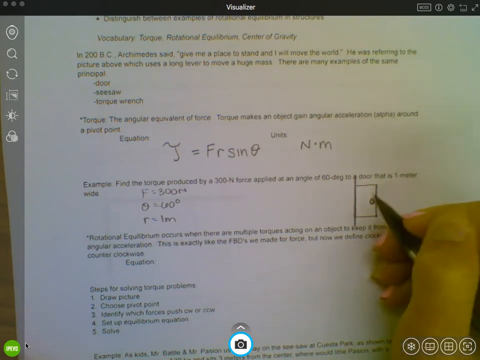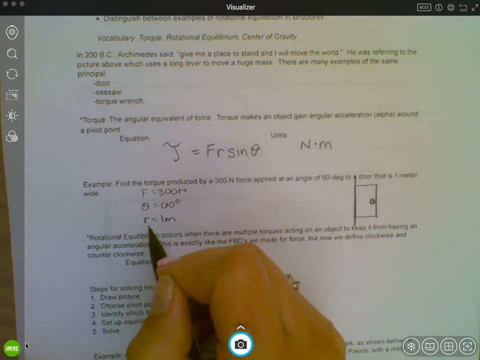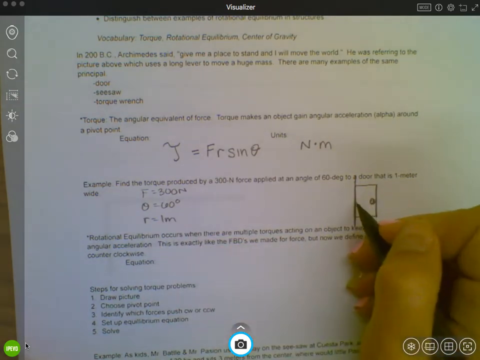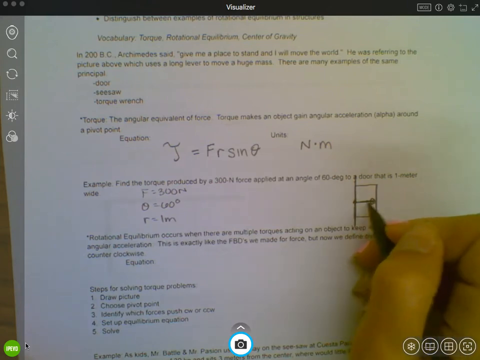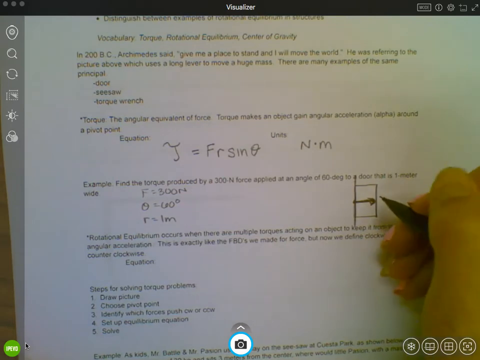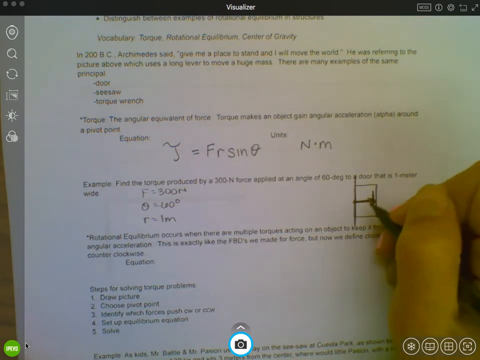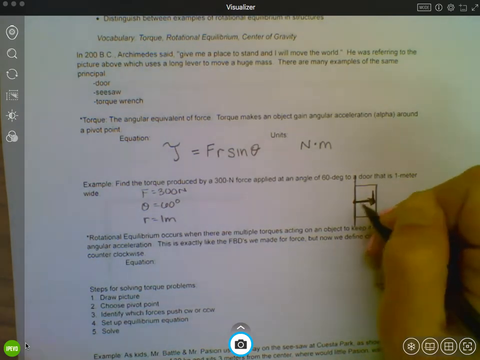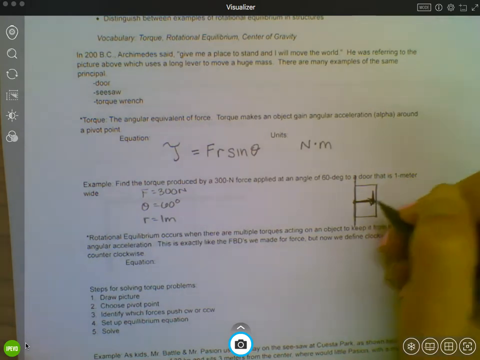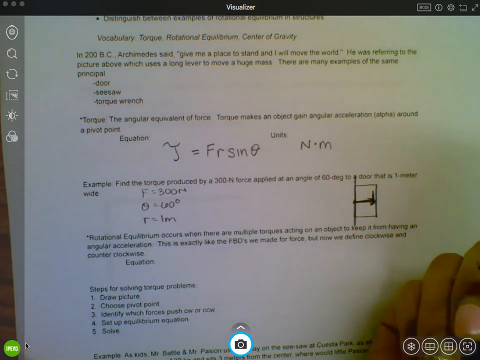The door rotates around that point. So R really stands for radius, but it's the distance from the pivot point to the force. We assume the handle is going to be out here, so this is where our force would be pushed, and our R is the distance from the pivot point to that edge. Since the door is 1 meter wide, we can expect that R would be 1 meter, okay?